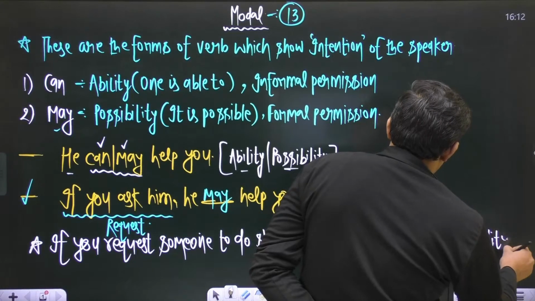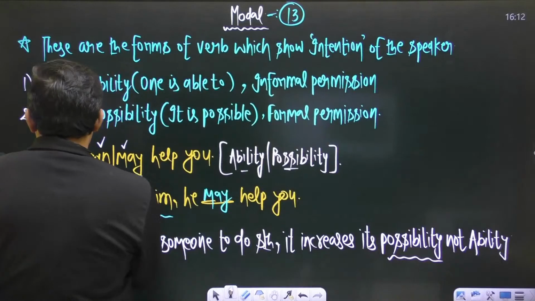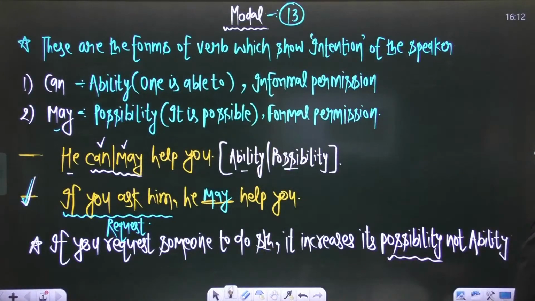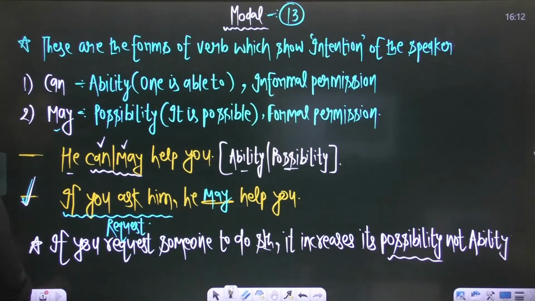So this is the concept. It increases its possibility. That's why we are going to use may in this particular sentence. Are you getting my point? Yes. Okay. Move to the next one.